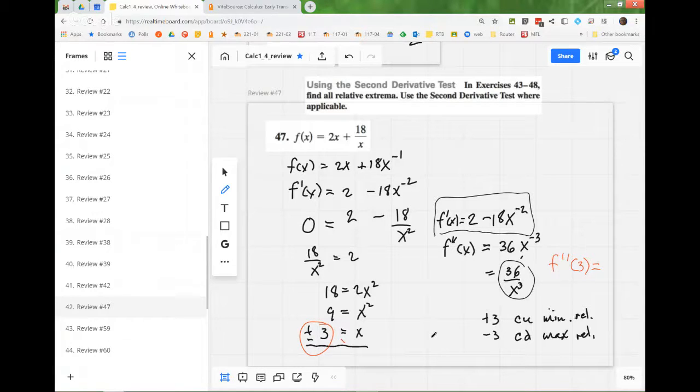At 3, you get 36 over 27, and I don't even care about the number. It's obviously positive. So that tells me at plus 3, because it's concave up, that must be a relative min. And then I did f double prime at negative 3, and that's 36 over a negative 27, so that's negative. That tells me at negative 3 it's concave down, so we must be at a max.